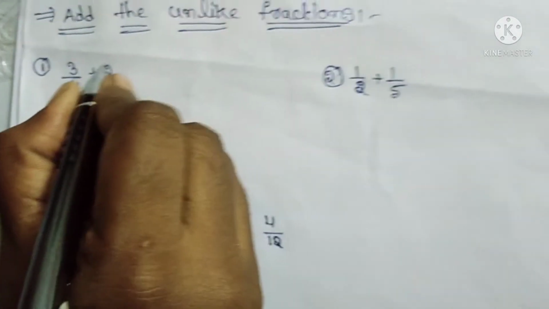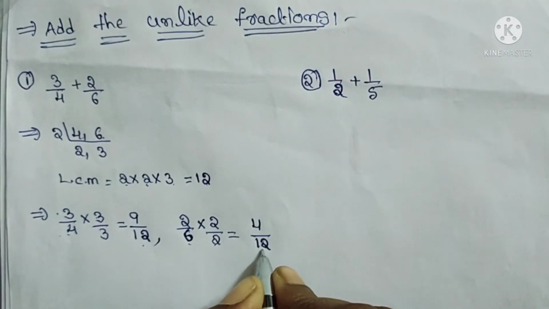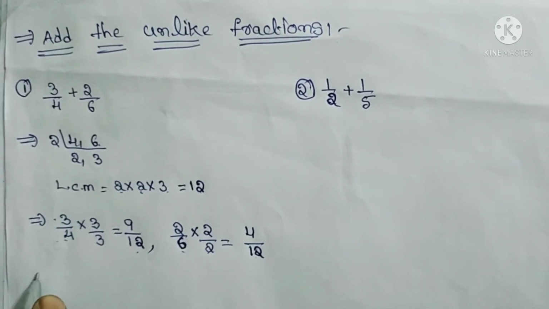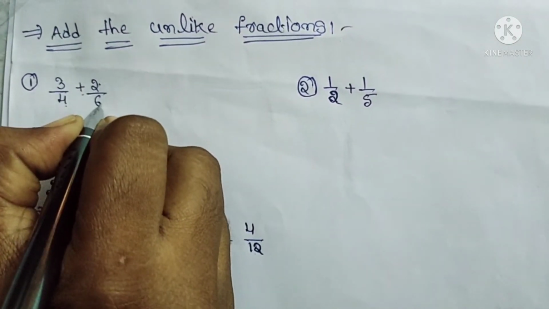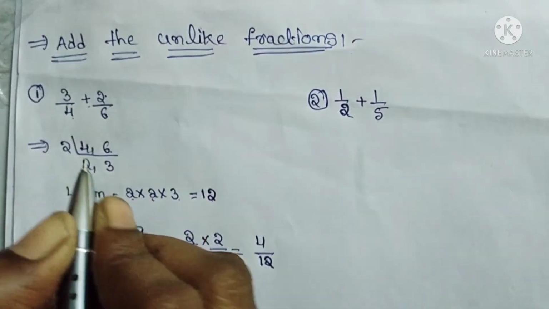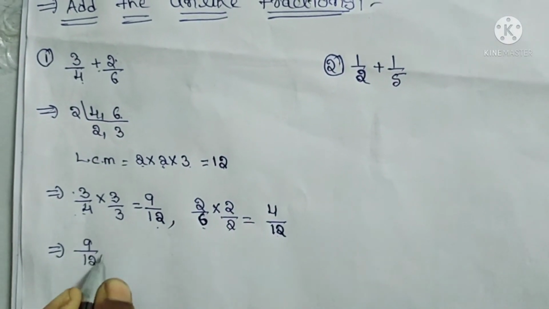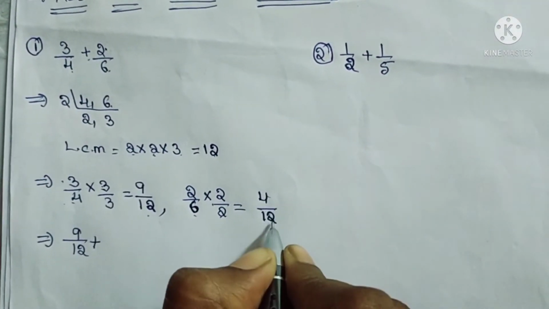The 2 by 6 can be changed into 4 by 12. So to add 3 by 4 plus 2 by 6, 3 by 4 can be changed into 9 by 12, and 2 by 6 can be changed into 4 by 12.